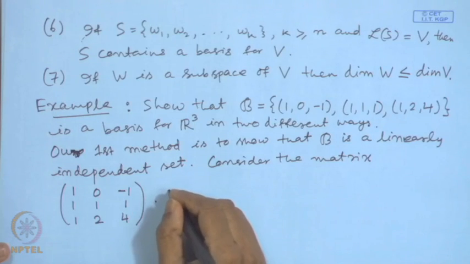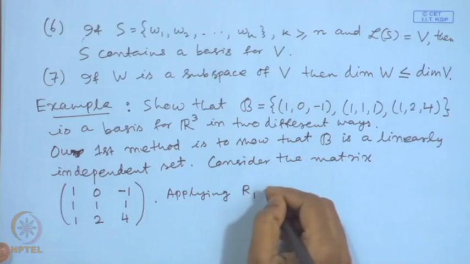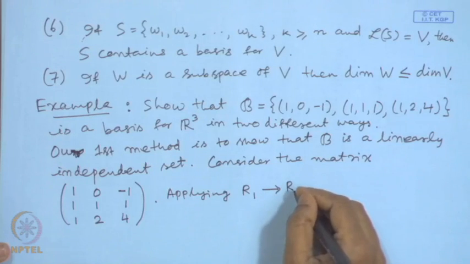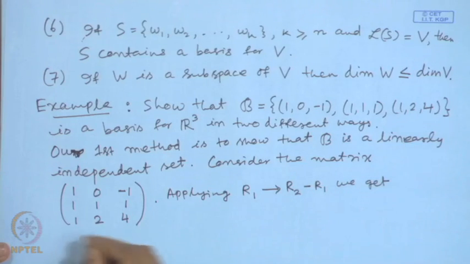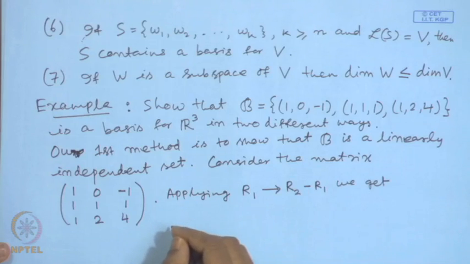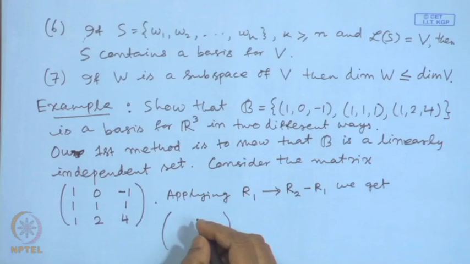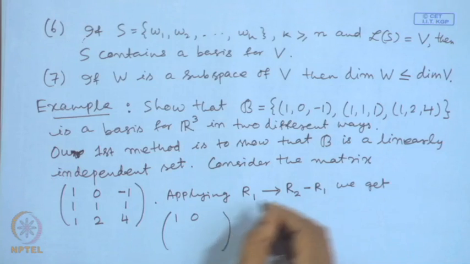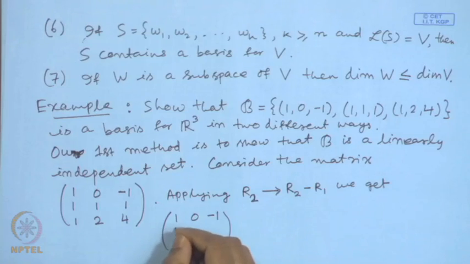From this matrix we apply elementary row operations and get the echelon form. Applying R2 replaced by R2 minus R1, we get this matrix. Here we replace this row to get 1, 0, minus 1, 0, 1, 2, 1, 2, 4.